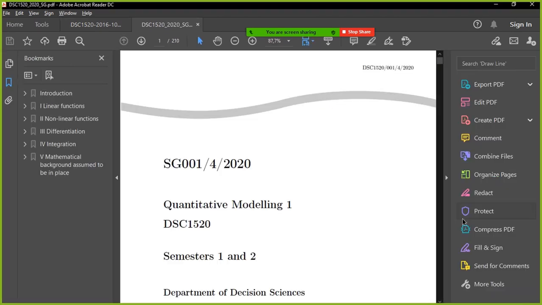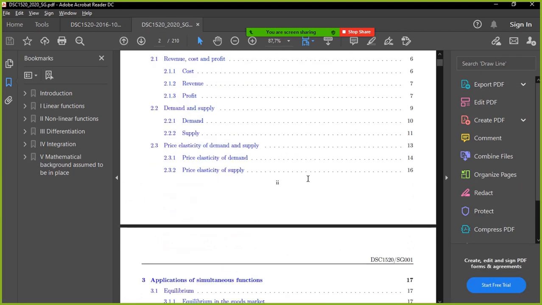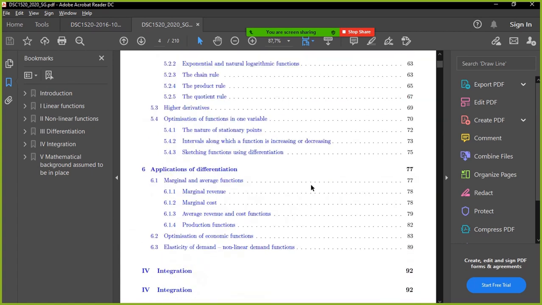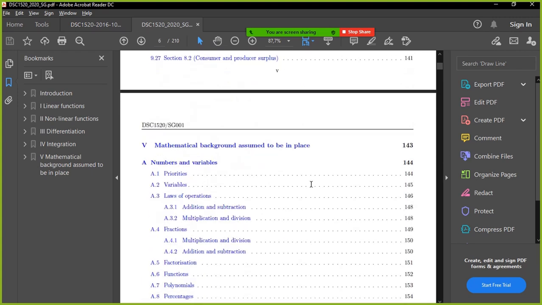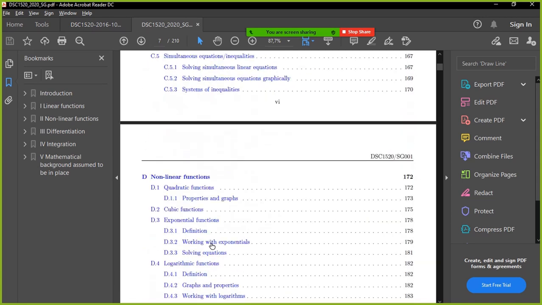1520, 2020 study guide. Okay, so if you're looking for log rules, it would have been covered probably in the basics. Yes, right at the end.